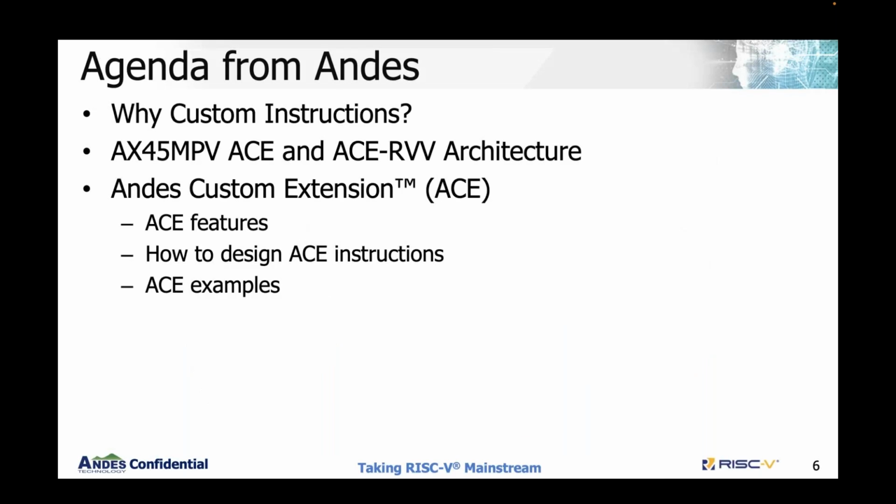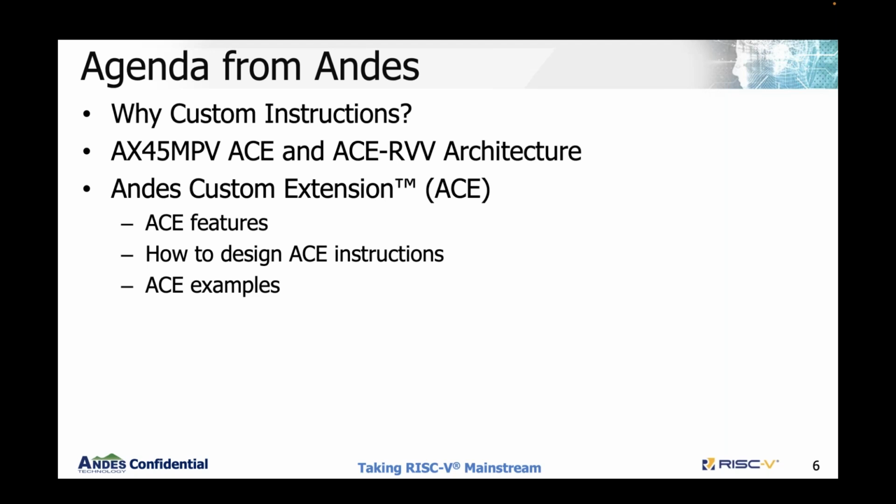Here is the agenda from Andes. We're going to talk about why custom instruction, what benefit it brings, and also the high-level architecture of Andes AX45 MPV, ACE, and ACE RVV extension. ACE is the scalar part of the custom instruction, and ACE RVV is the vector part of the custom instructions.